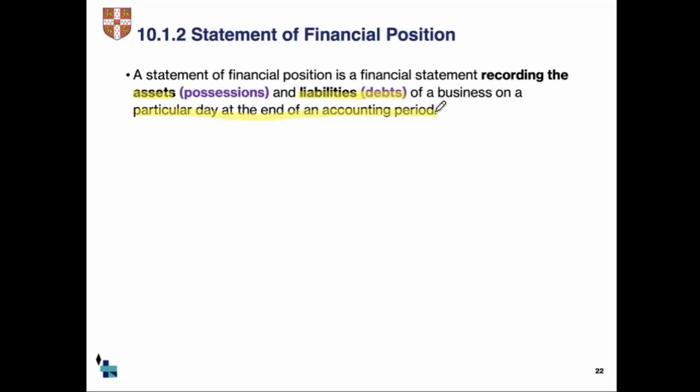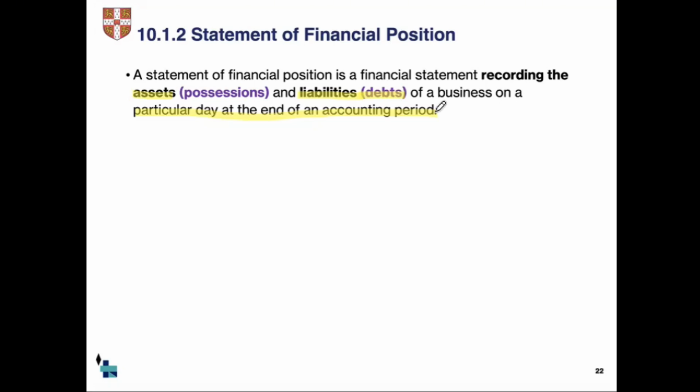However, the statement of financial position gives us the financial strength or the financial position of a business on a particular day at the end of an accounting period. Now, if a business has, let's say, $1 million value of assets at the beginning of the accounting year, that is January, and at the end of the accounting year it was able to buy more assets, and the assets have increased to $5 million.